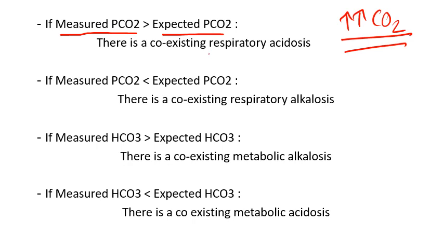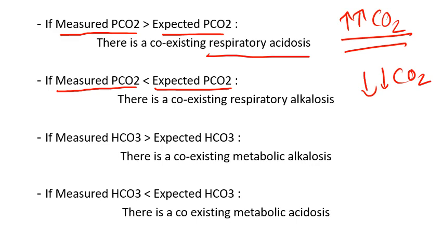Yes, it is respiratory acidosis. Then if the measured PCO2 is less than expected PCO2, that is, the CO2 concentration in the blood has decreased, it means that we are washing out more CO2, and it basically means that there is a coexisting respiratory alkalosis.